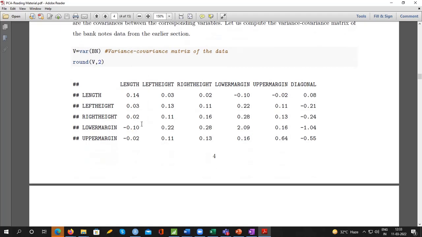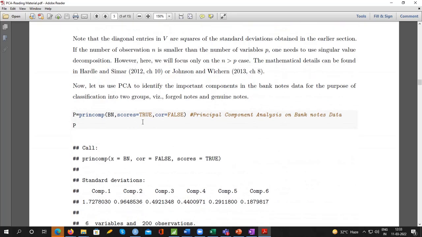We don't have to go for the correlation matrix for carrying out PCA. So we use this command princomp. Princomp is a command to carry out PCA on this banknote data. We want the scores. Everyone remembers what the scores are? We want the scores, so we give scores equal to TRUE and cor equal to FALSE, because we are going to go ahead with the covariance matrix. We don't want to worry about correlation since all the variables are measured in the same units.